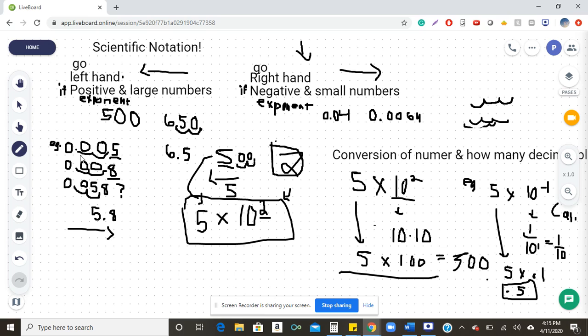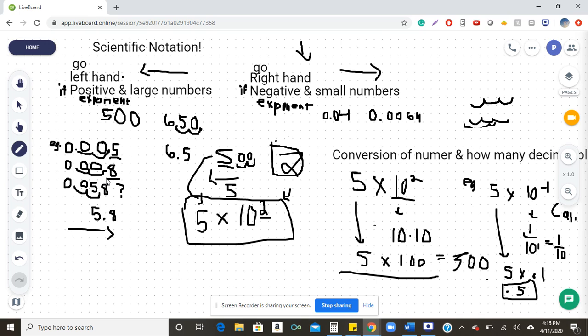If you are moving right, you go until right before the last non-zero digit. Again, here on 0.008, you are going to move 2 times or however many times until you go right before the 8.